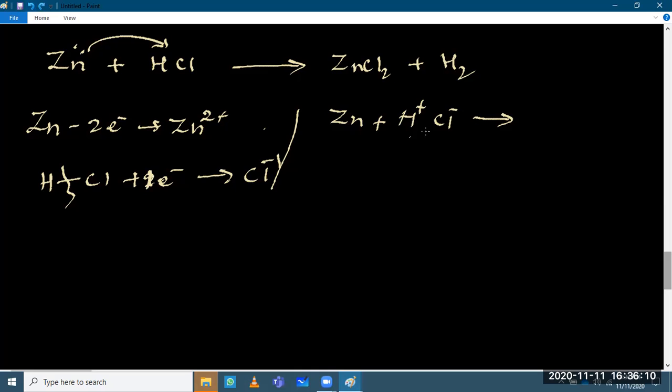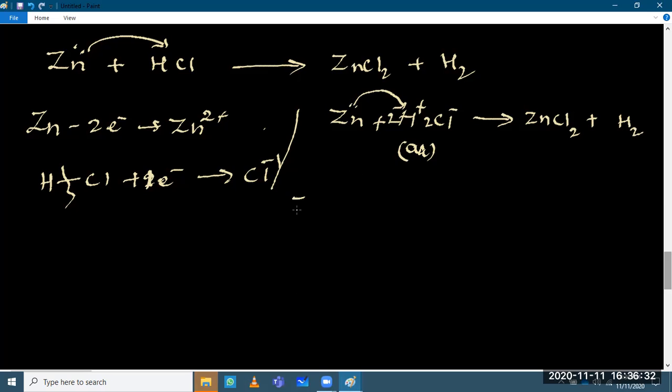This is the aqueous solution. 2 hydrogens and 2 chlorides are there because we have to balance the equation. Zinc donates 2 electrons to hydrogen and combines with chlorine to form zinc chloride, ZnCl2, and hydrogen gets converted to H2. So this is the concept.